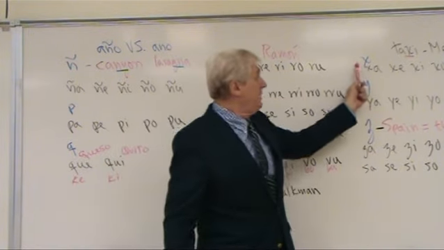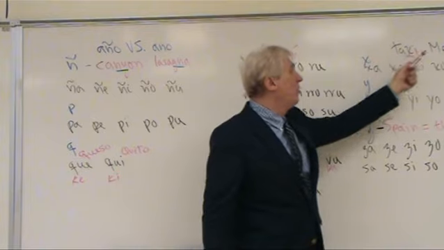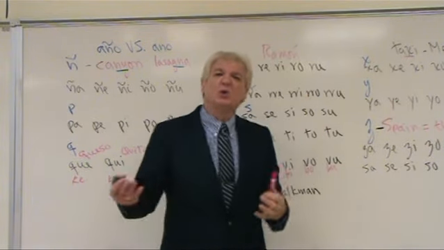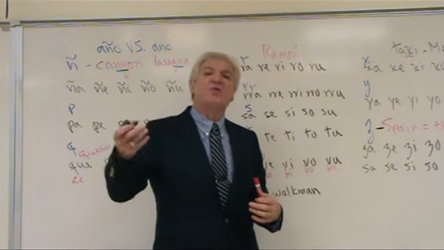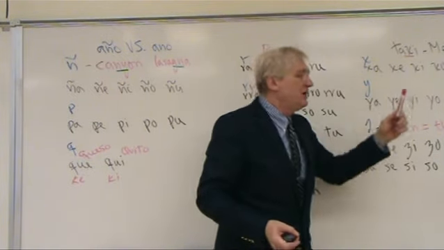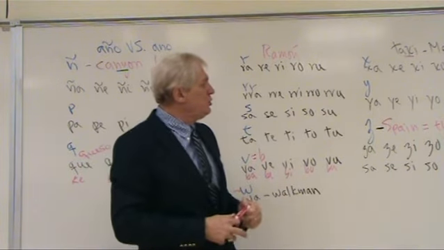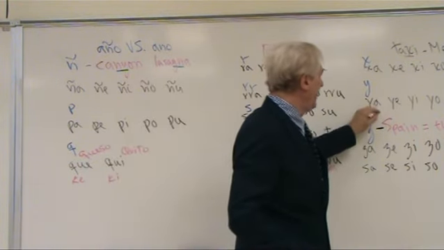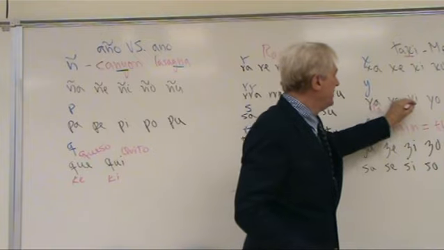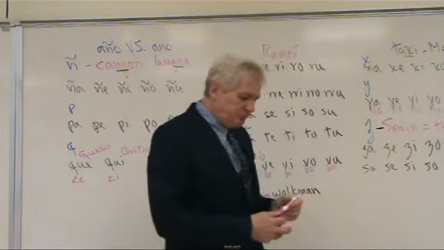The X, you'll see that in words like taxi or Mexico. And those are words that also came from either indigenous languages or from foreign languages into Spanish. Sa, se, si, so, su is one of those unusual sounds. The Y, I already mentioned to you, is pronounced the same as a double L: ya, ye, yi, yo, yu.